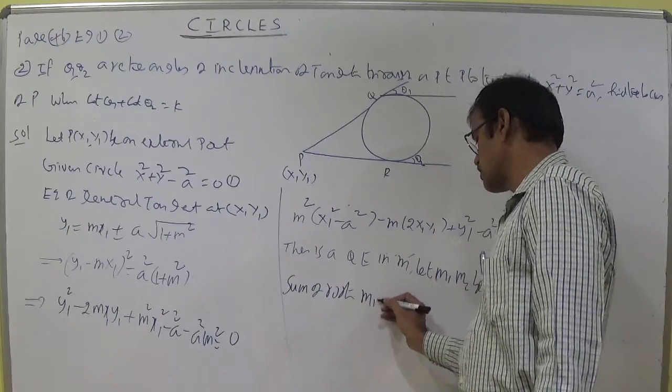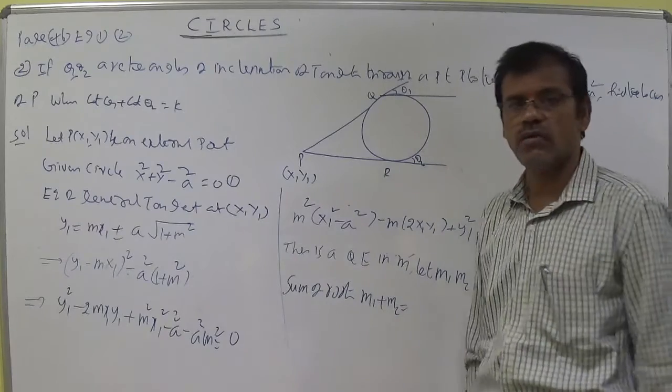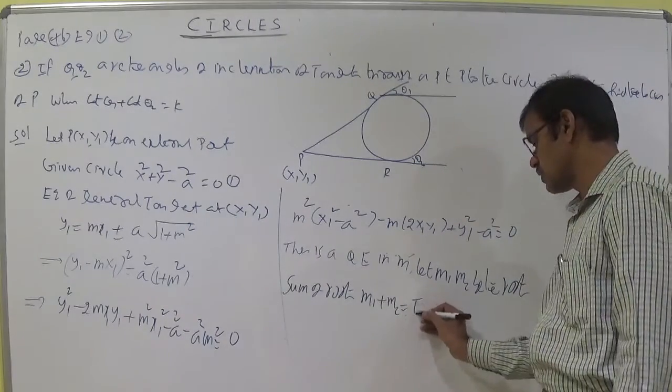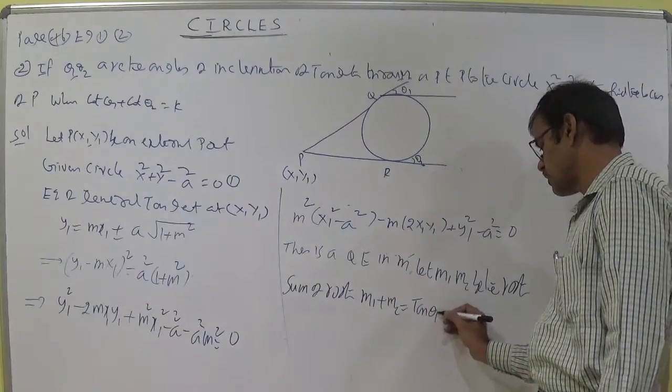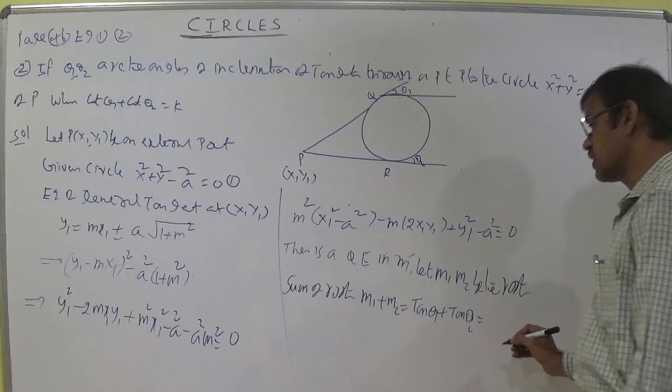Sum of roots means m1 plus m2. We know that m is equal to tan theta, so m1 is tan theta 1 and m2 is tan theta 2.